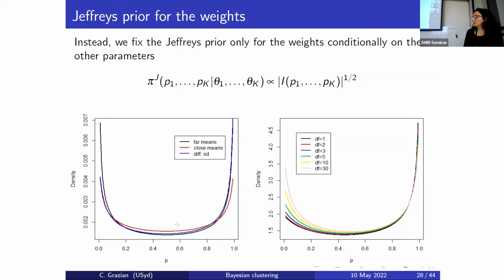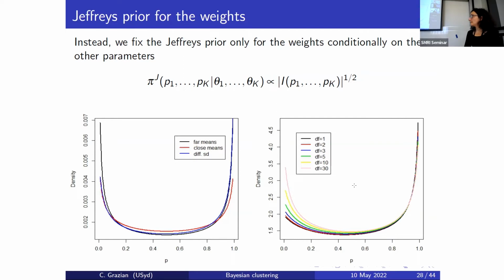So for example, if I have a mixture between a normal distribution and a Student t distribution, which are both symmetric, but the normal distribution is defined on 2 parameters, and the t distribution is a more kurtotic distribution, the normal distribution is more informative in terms of Fisher information.